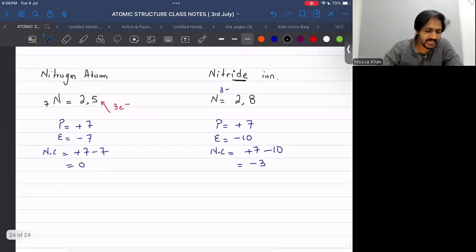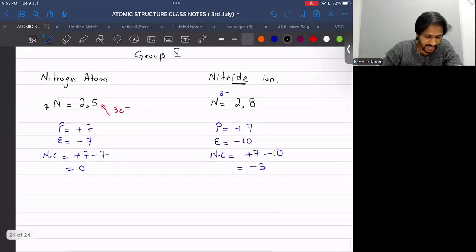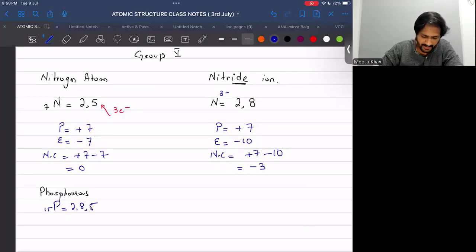ठीक है। Let's take another example. Nitrogen is from group 5, right? So group 5 elements, they get a charge of 3 negative. Let's take another example of group 5. Below nitrogen we have phosphorus. A phosphorus atom has 15 protons. If you make the electronic configuration of phosphorus, it is 2,8,5.